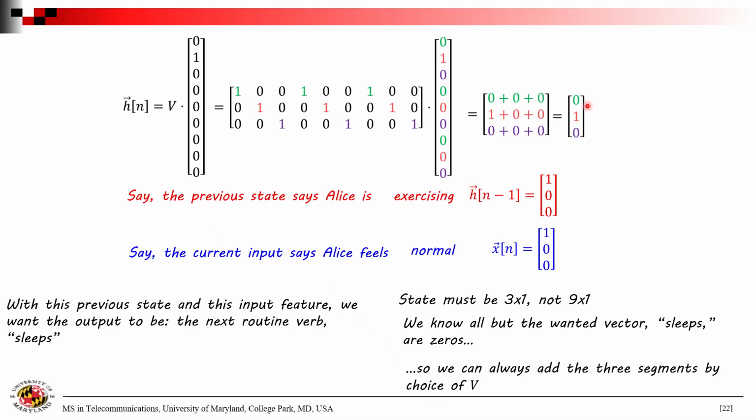And that's going to give me 0, 1, 0, which is the vector associated to the verb sleeps. Alice sleeps. Today, Alice sleeps, which is exactly what we wanted it to be according to our routine. So this indeed is the correct answer.